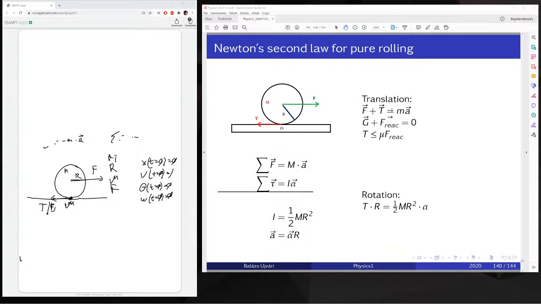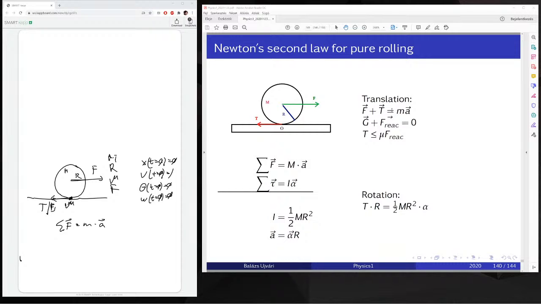Well, this upper part of the table is still not okay. Let me write here. For translation, the sum of the forces equals m times a. And there must be some a, since we can see that it can move.